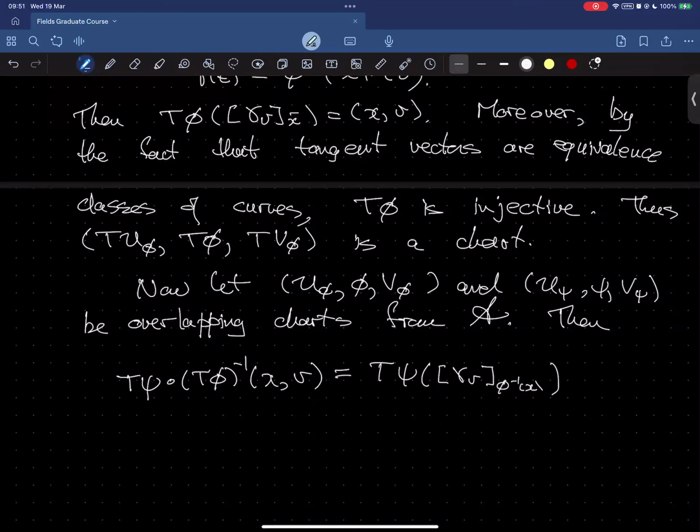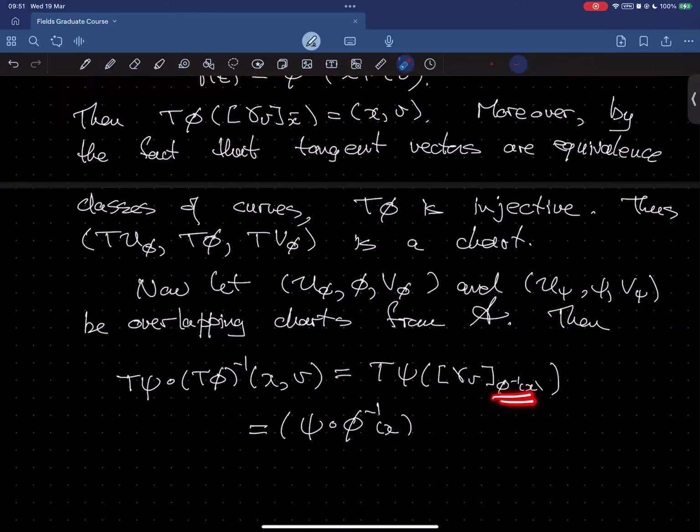Now I apply the definition of T psi, and that's psi composed with phi inverse of x.